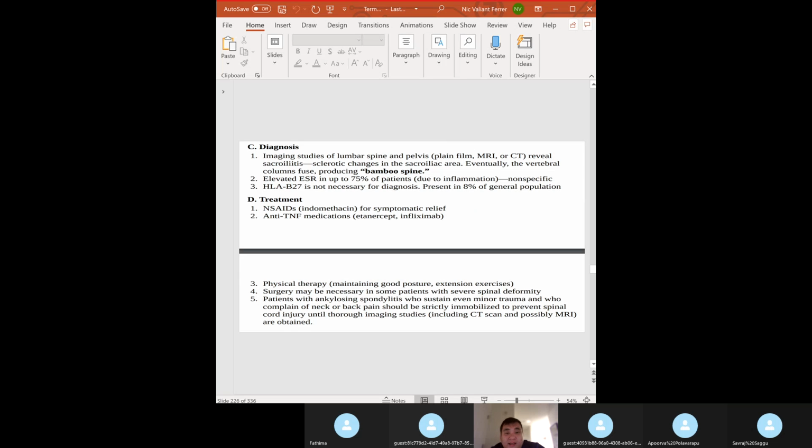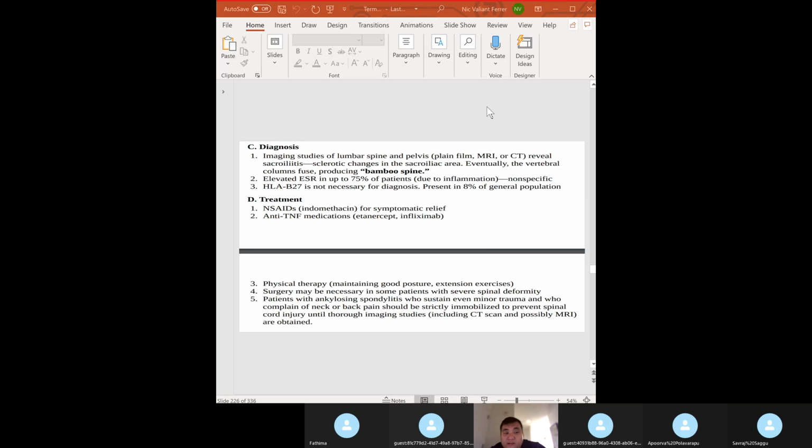What's the treatment? High yield, NSAIDs. You can also give etanercept and infliximab, your anti-TNF medications, but be careful. Why do we need to be careful in prescribing anti-TNF medications? You need to rule out what first? TB, right? You need to do a Mantoux test, a PPD test, because anti-TNF medications can reactivate TB.